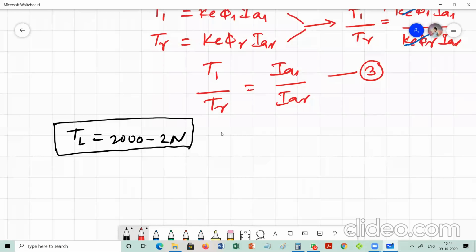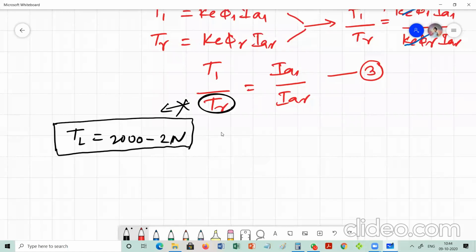But the rated torque cannot be calculated using this equation. Rated torque means what? The rated or maximum torque the machine can produce. Obviously, the torque developed by the machine must be more than the load torque, by an amount equal to J d omega m by dt.